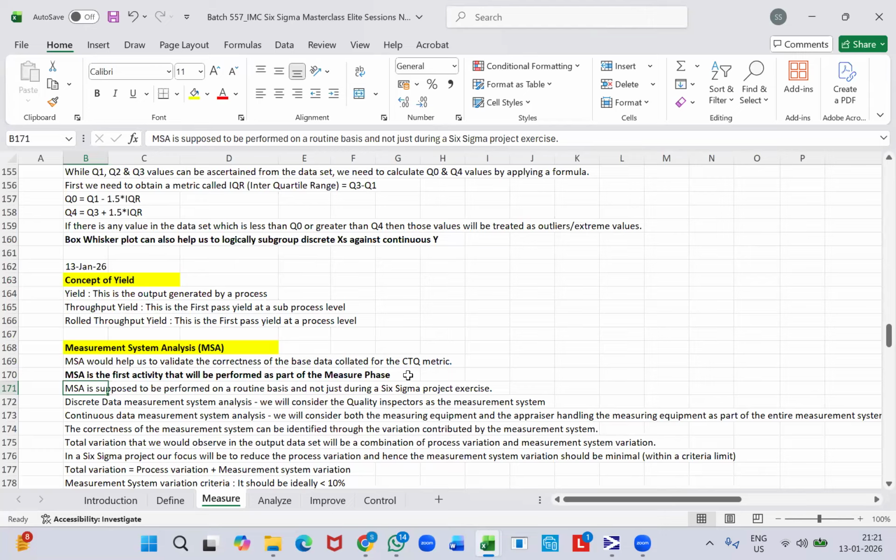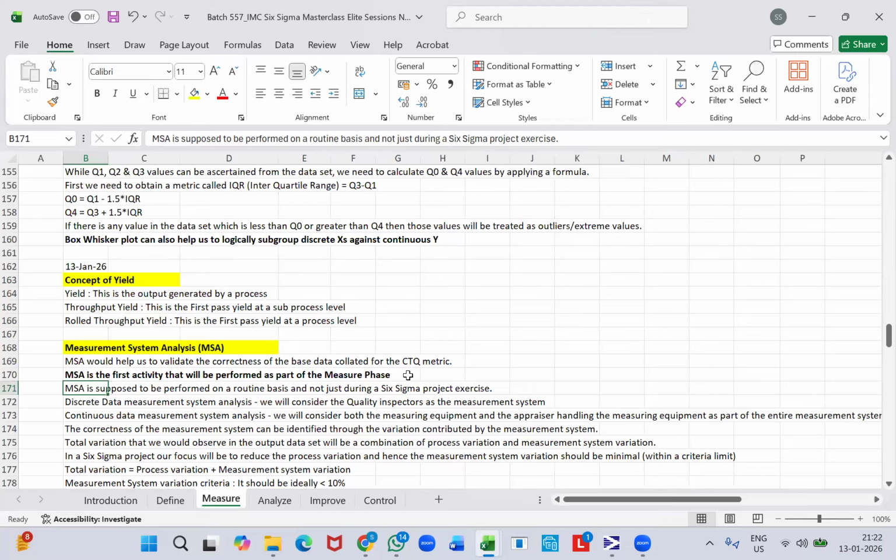So when you perform this MSA exercise during the Six Sigma project, and if you happen to find out that the measurement system is not working fine, what are we supposed to do? We cannot obviously trust the data provided by that measurement system. So we need to discard the entire data provided by that measurement system, correct the measurement system, and then collate the data all over once again, which will only result in delay in completion of the project exercise, and the leadership is not going to be happy about it.